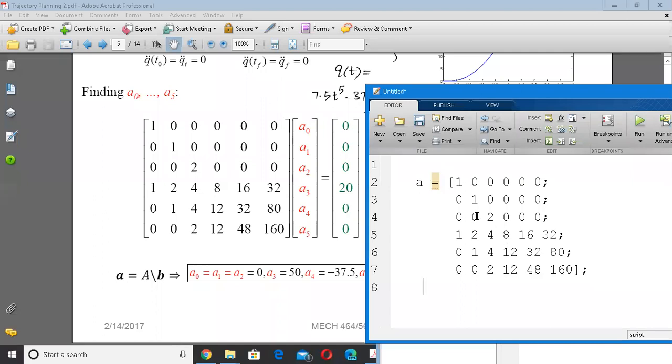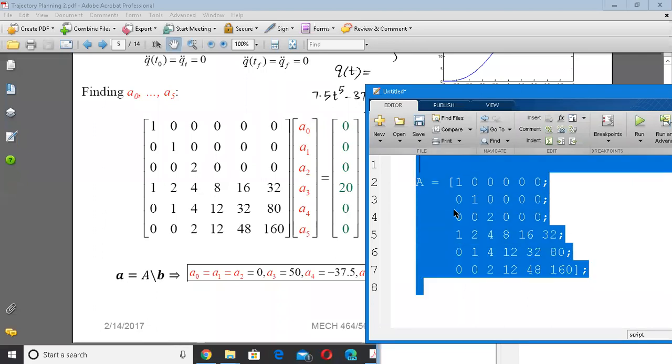So let's say this is my A matrix, capital A matrix. Okay, and let's evaluate it.